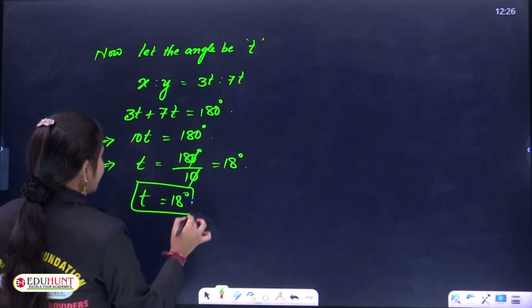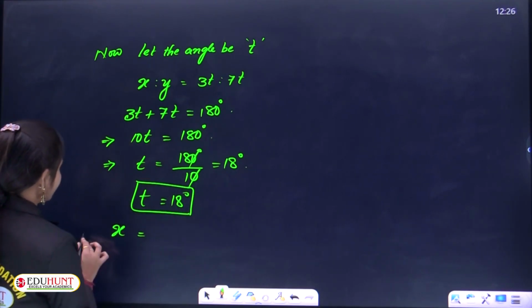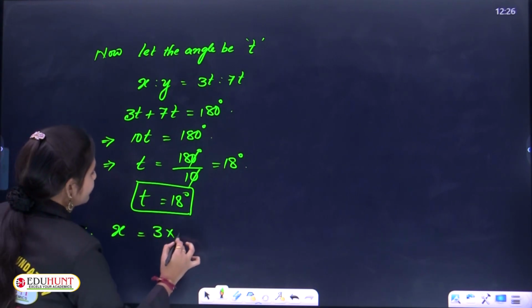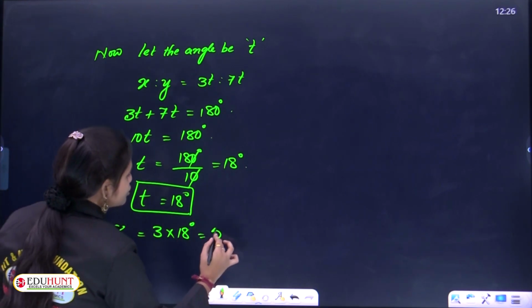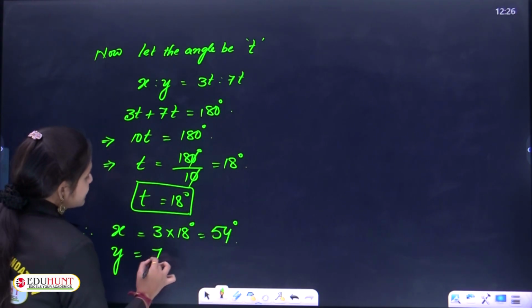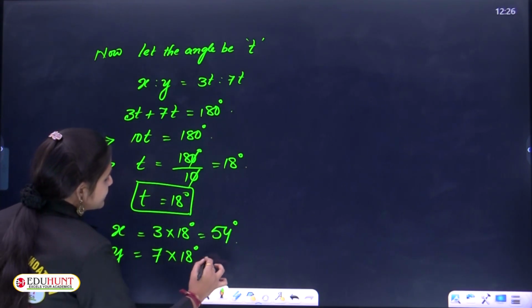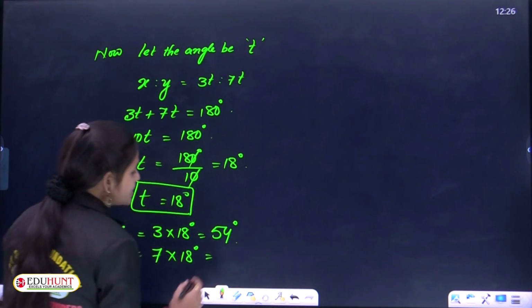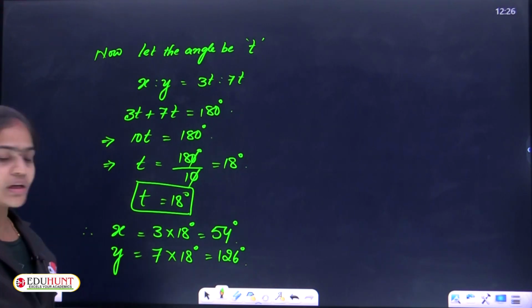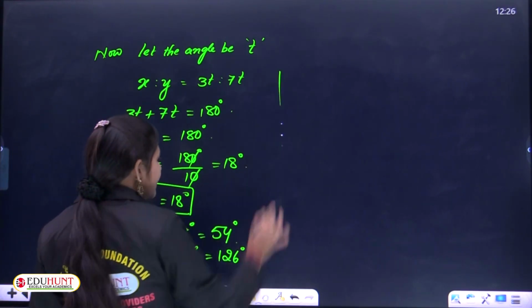Now X is equal to 3T, so 3 into 18 degrees, which is equal to 54 degrees. Next, Y is equal to 7 into 18 degrees, which is 126 degrees. As per the question, what are they asking here?